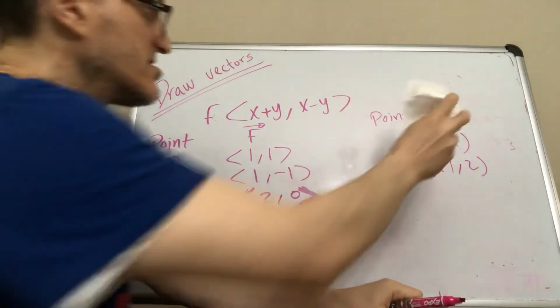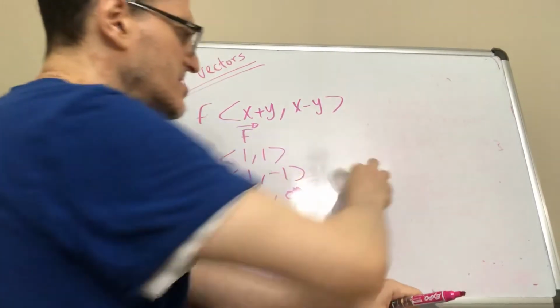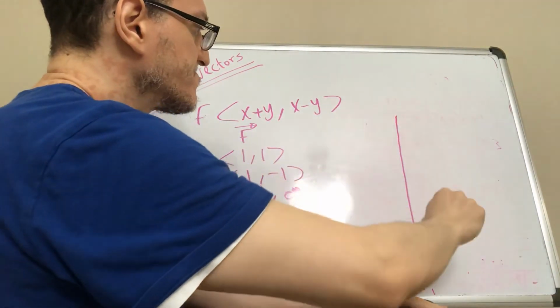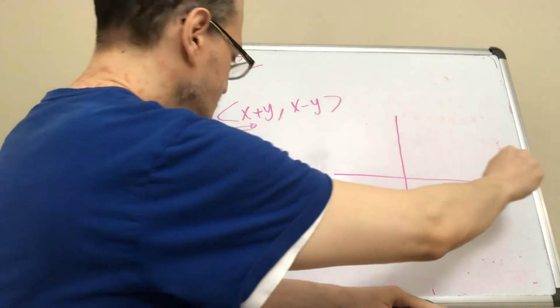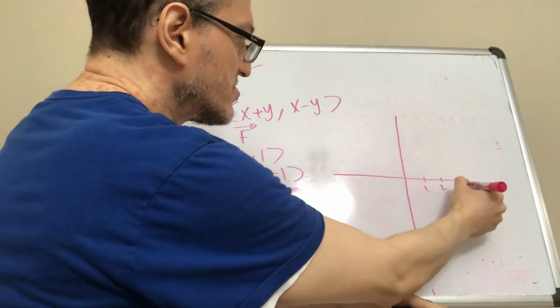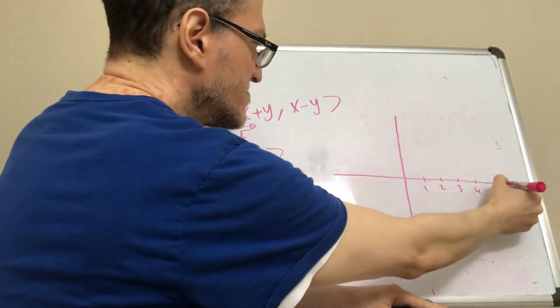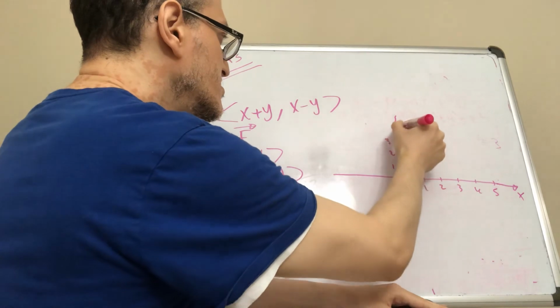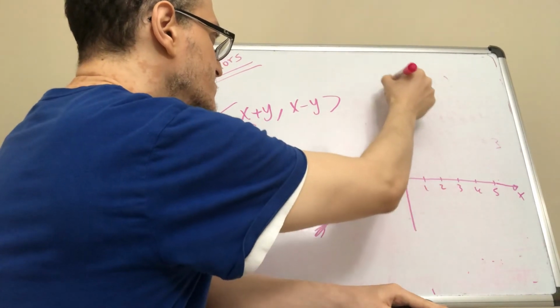So now we can sketch. This is 1, 2, 3, 4, 5. 1, 2, 3, 4, 5.